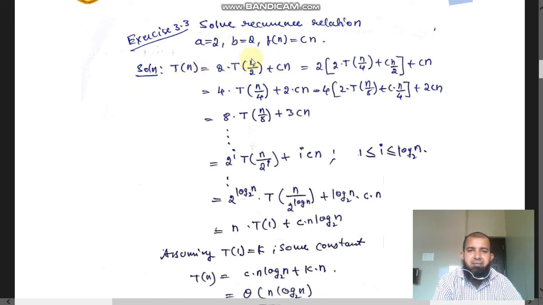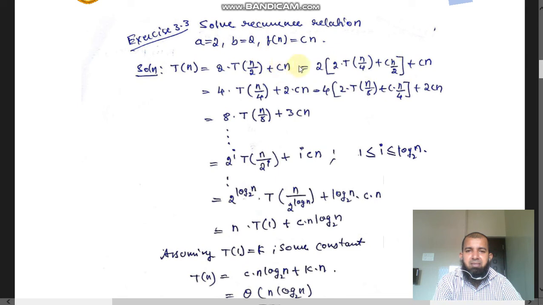In place of n, write n by 2. So first the 2 is written as it is. T(n/2) you can write as 2T, n becomes n/2, so n/2 divided by 2, that is n/4, plus c times n/2.